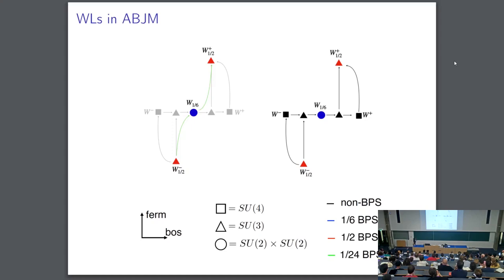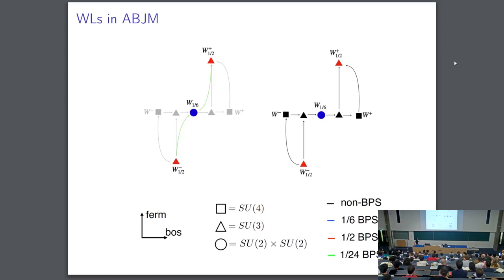So if we go to the figure on the left, we have here in the middle a bosonic operator that is 1/6 BPS, so it's blue. And we have a green line connecting 2 other fixed points that are half BPS operators and preserve SU(3) because they are triangles.